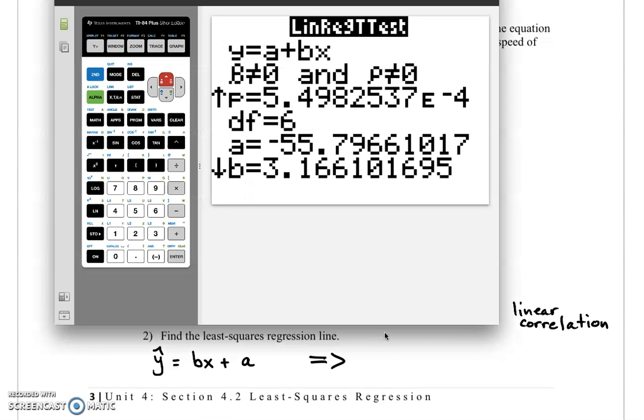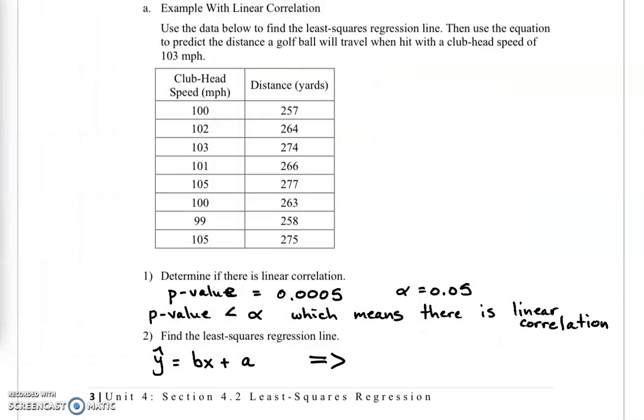It gave us y hat equals, B is 3.166x minus, because A is negative, 55.797.